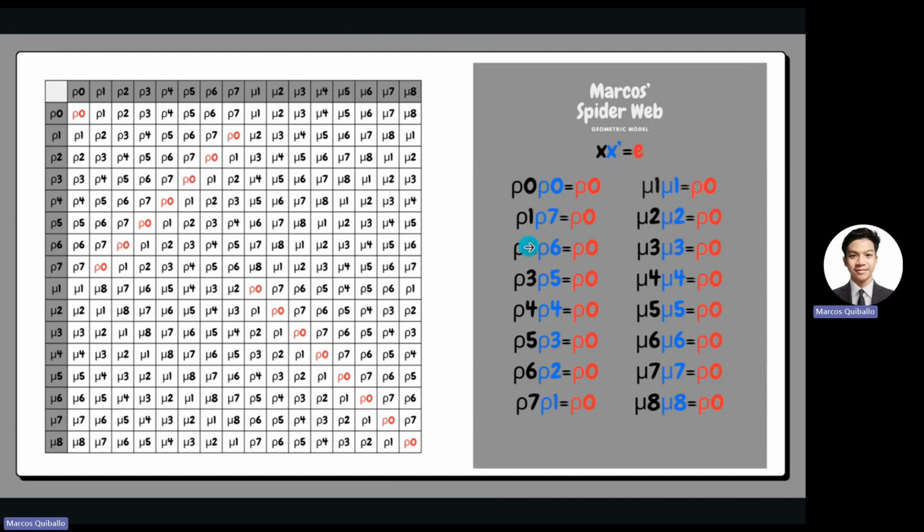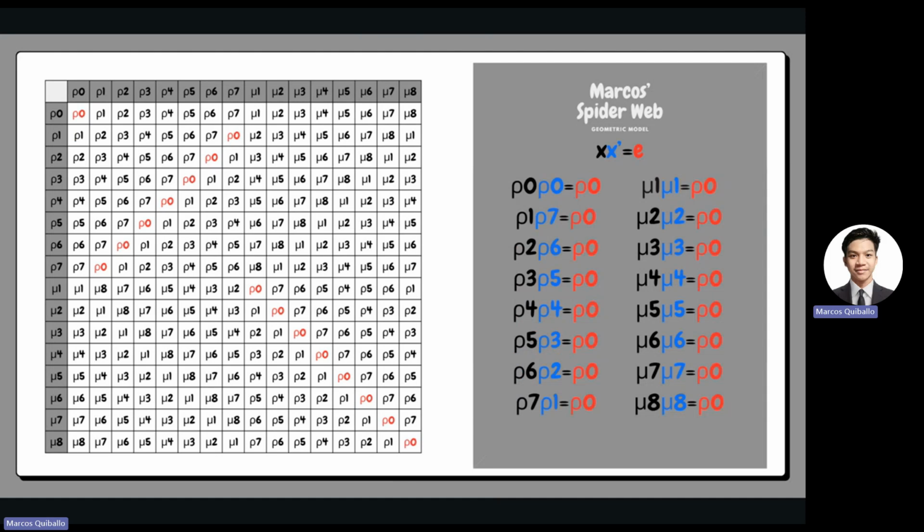So the inverse element of row 0 is row 0 itself, and the inverse of row 1 is row 7, and the inverse of row 2 is row 6, and row 3 is row 5. The inverse of row 4 is row 4, and the inverse of row 5 is row 3, and the inverse of row 6 is row 2, and the inverse of row 7 is row 1.